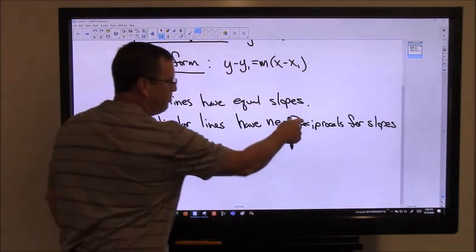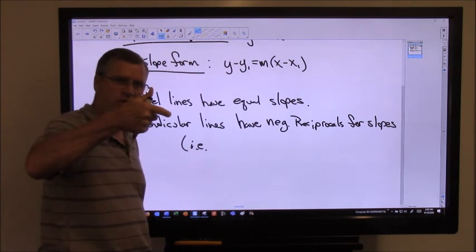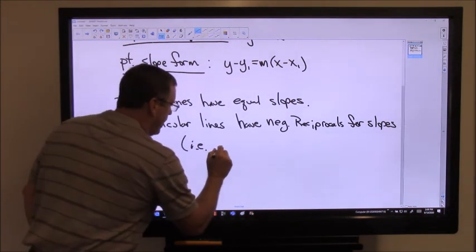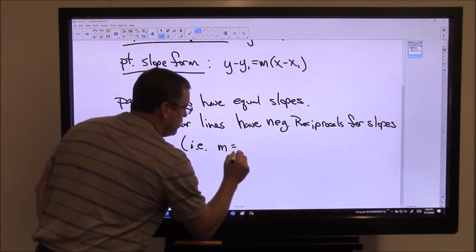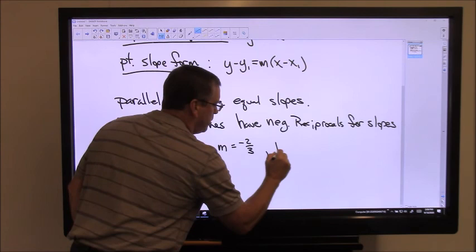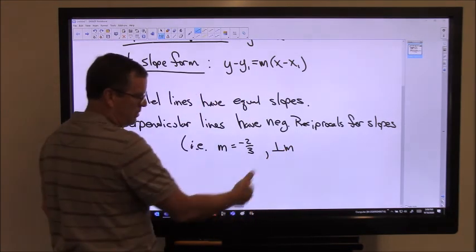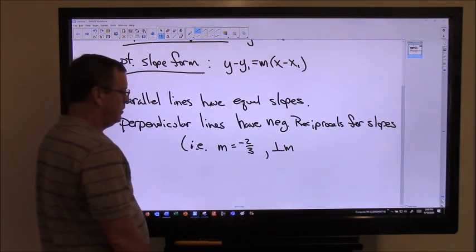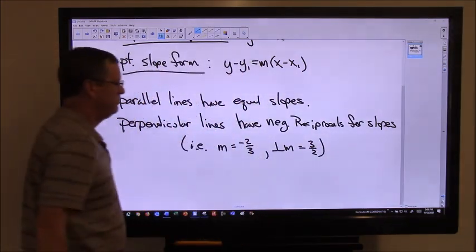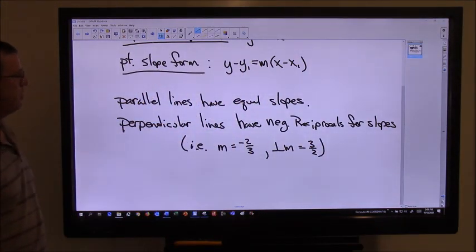The reciprocal part means flip the fraction over and then make it the opposite. So if I have a slope that equals a negative 2/3, well then the perpendicular slope, so that's my symbol for perpendicular, is going to equal 3/2. So we just want to make sure we've got that straight as well.